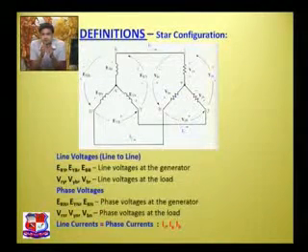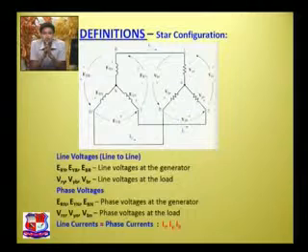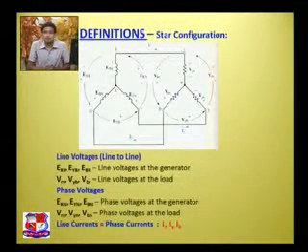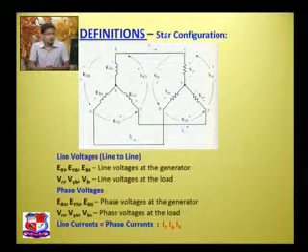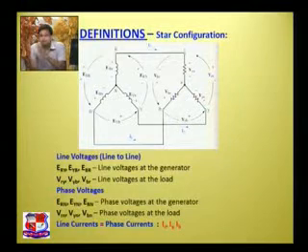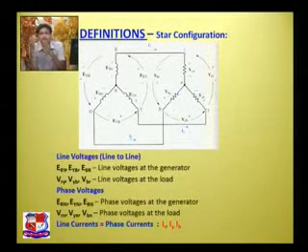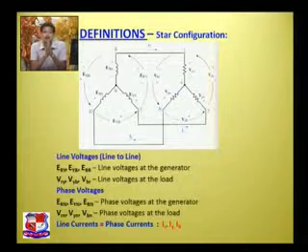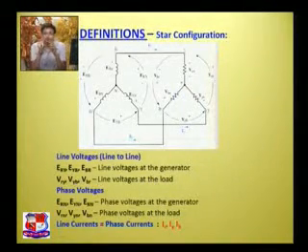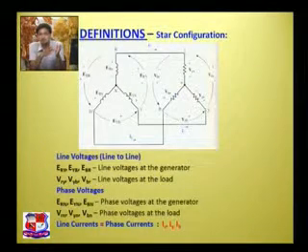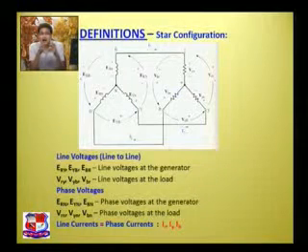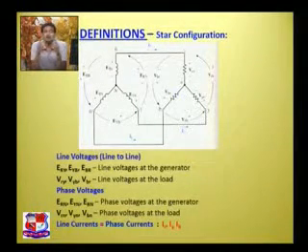The first one is the line voltage, like ERY, EYB and EBR, that is, RY, YB and BR. We call these the line voltage at the generator, because we give the 3-phase supply, like 230 volts, across R, Y and B. So it is called the line voltage.